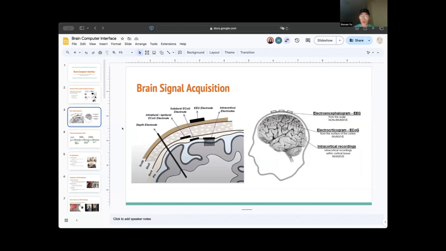The second and third are ECoG and intracortical recordings. For these, you actually need surgery to put chips inside the brain and extract the signals from it. Later, I think Leo is going to talk about that in detail.